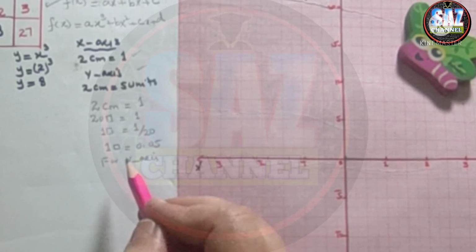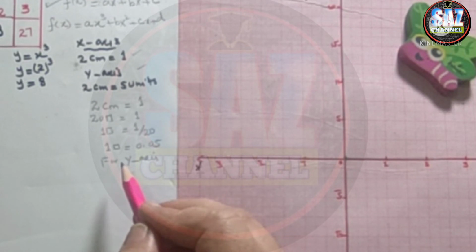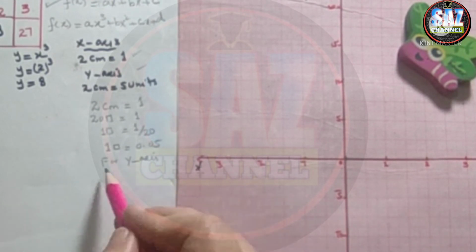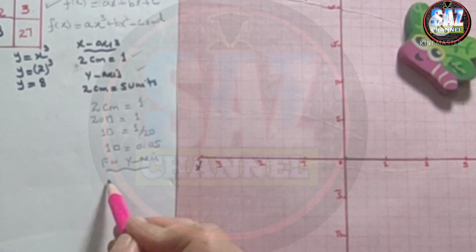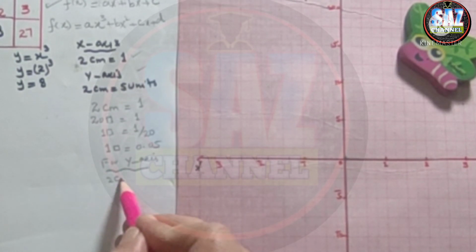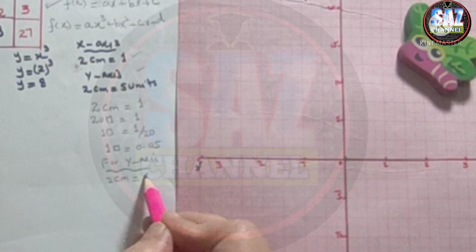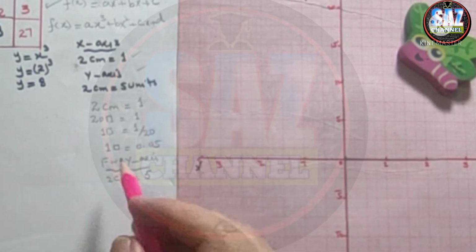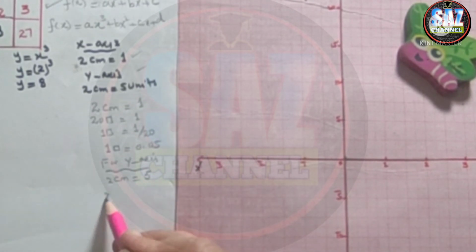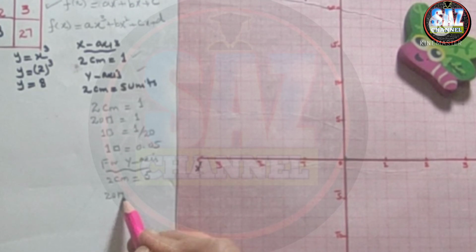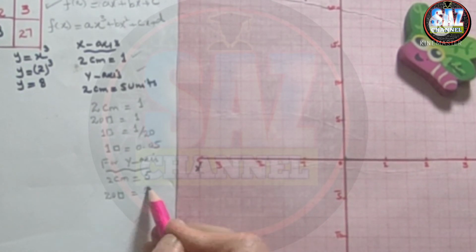Okay, and now for the y-axis, let me reconfirm. For the y-axis, 2 centimeter equals 5 units. 2 centimeter means that 20 small blocks are equal to 5.